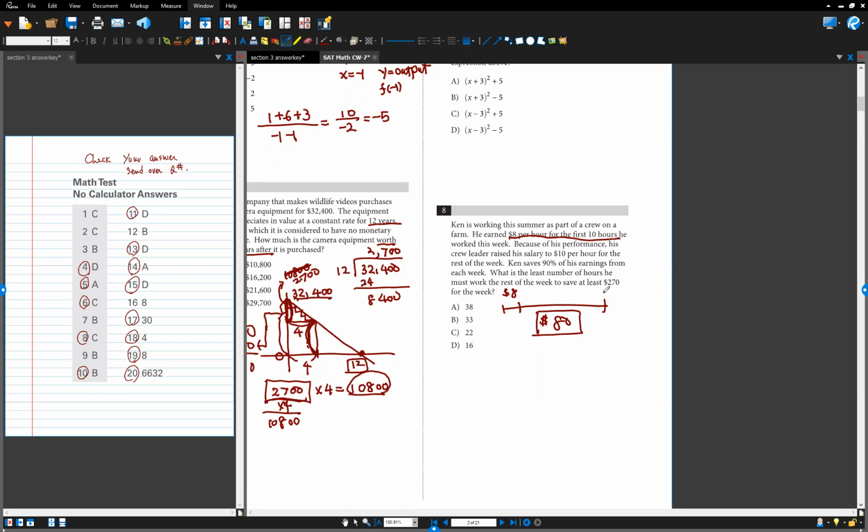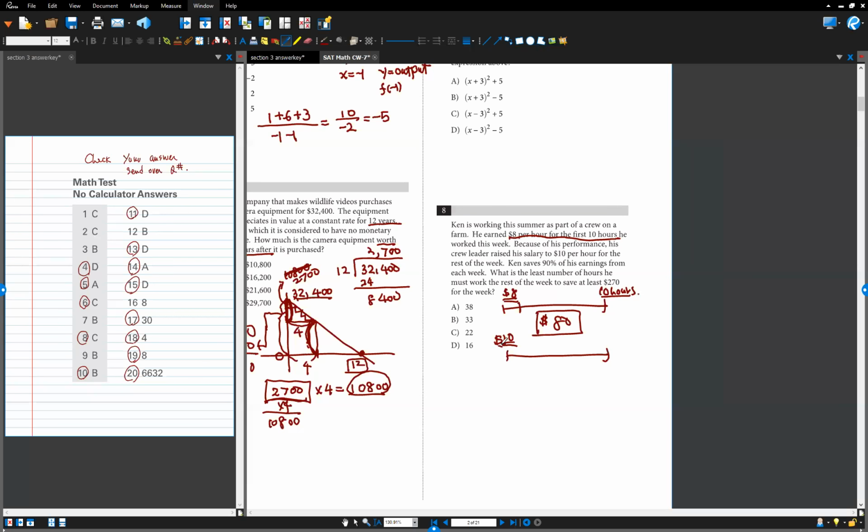Up to 10 hours, $80. But after this, the salary increases by $2 more, $10 per hour. After 10 hours he is paid $10 again. Now the rate has changed. Up to 10 hours it is $8; after 10 hours, it's going to be $10.